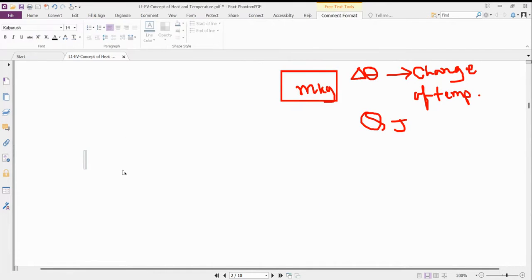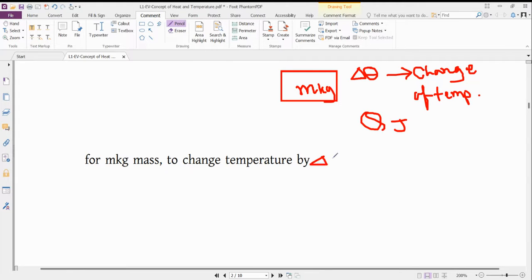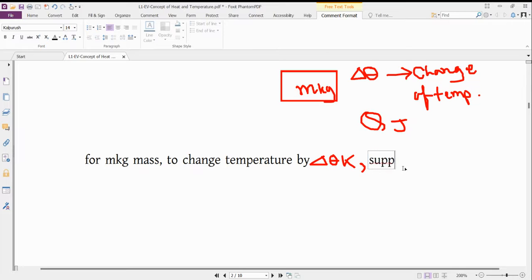So we can write it this way: the supplied heat is Q joule for m kg mass to change the temperature by del theta Kelvin.